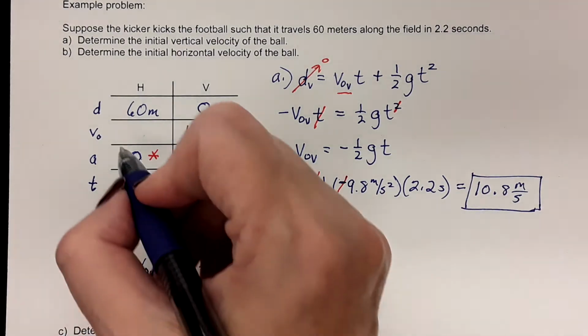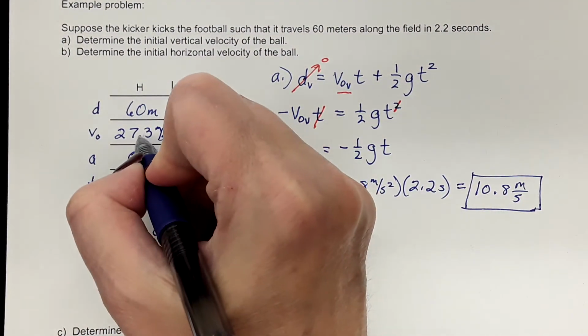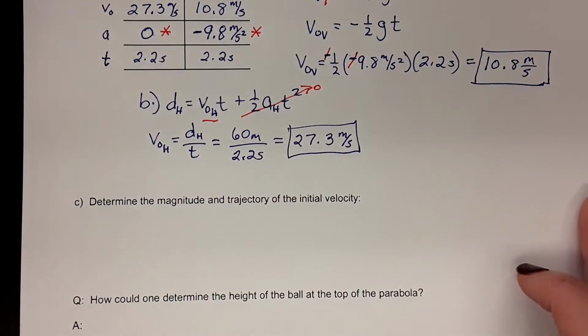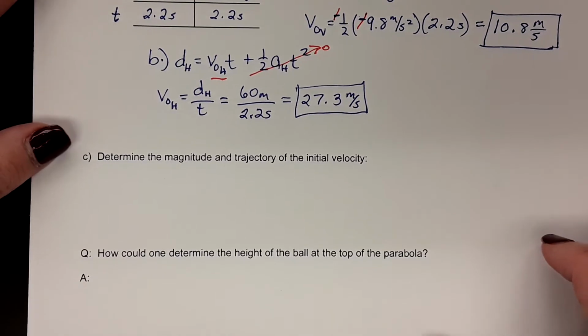Okay, so now let's take that and put that over here. And we filled in our chart. How about that? Okay, we've got all the information we need now to get anything else. Let's take a look. Part C says, determine the magnitude and the trajectory of the initial velocity.